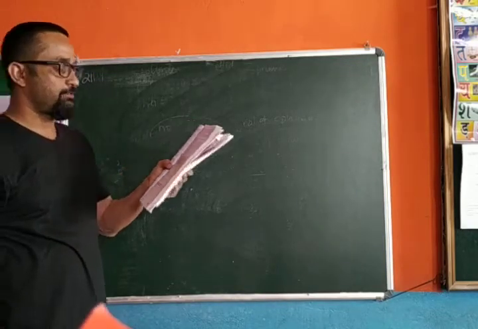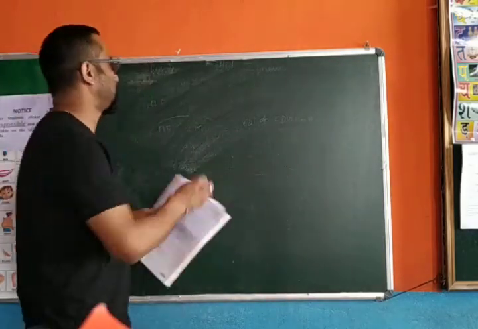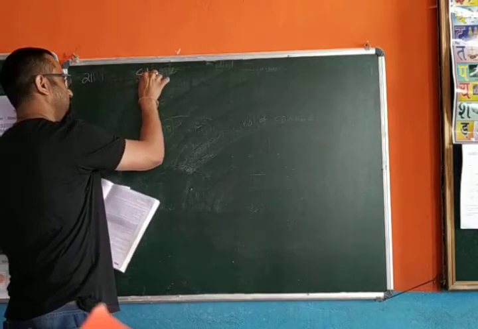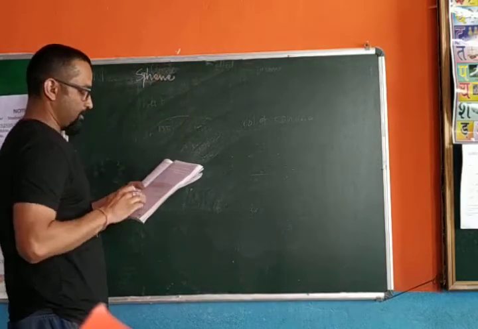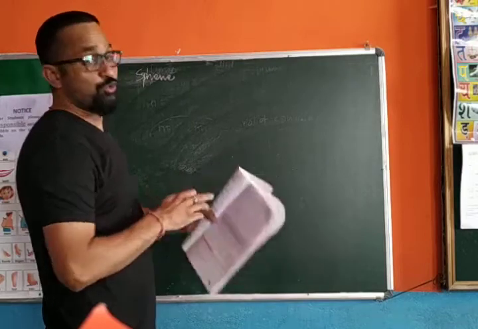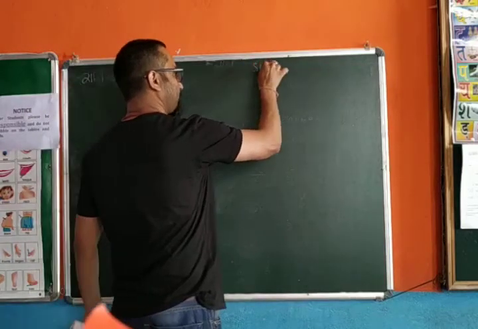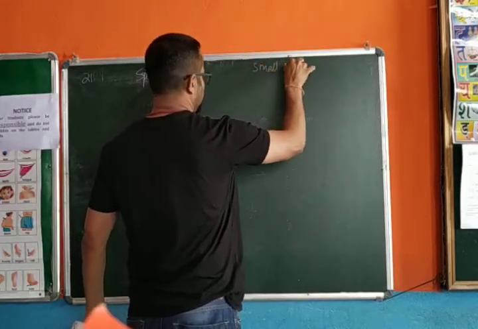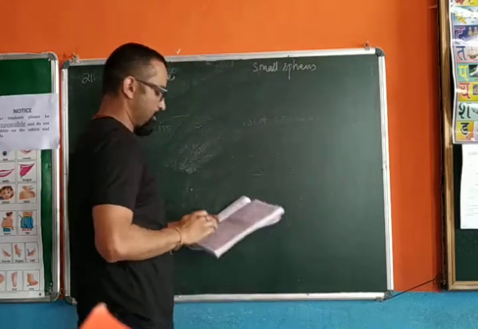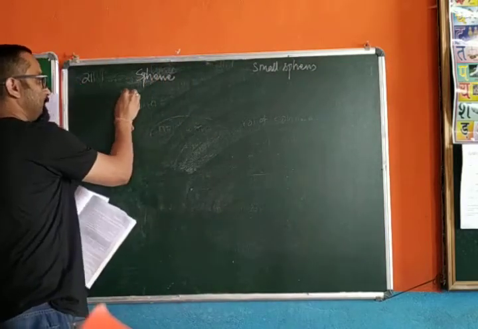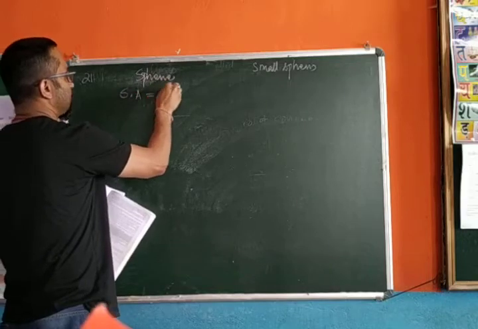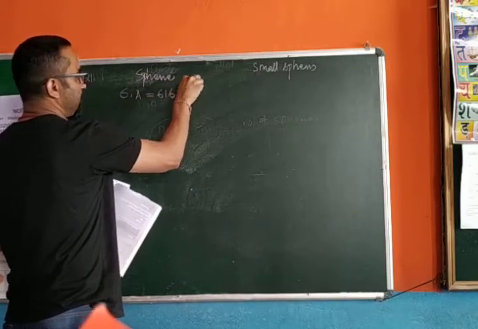The question says the surface area of a metallic sphere. So you have a sphere melted and recast into small spheres. Write down the dimensions now. Surface area is given, which is equal to 616 centimeter squared.